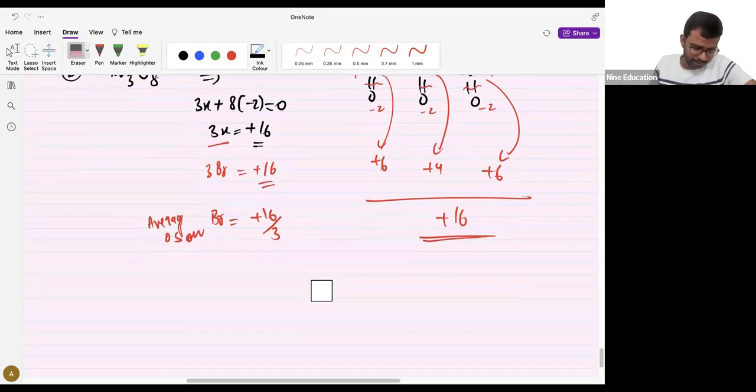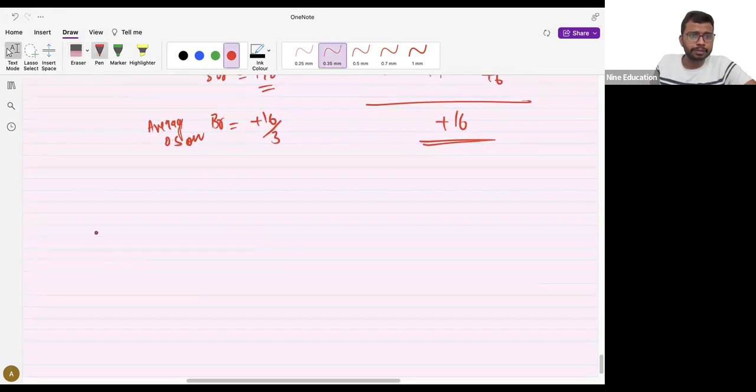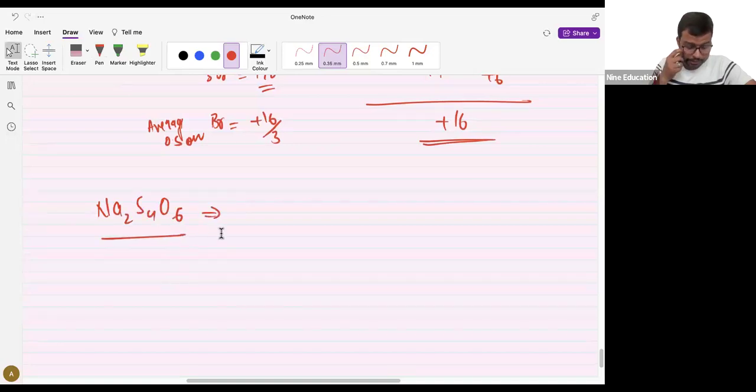Simple. Last one for today's class, 1 or 2 more we will do. See, Na2S4O6. Now find. It is known as sodium tetrathionate.